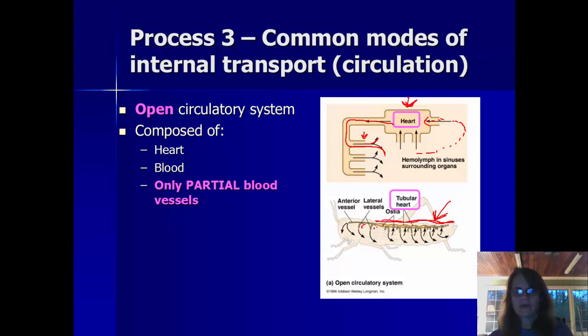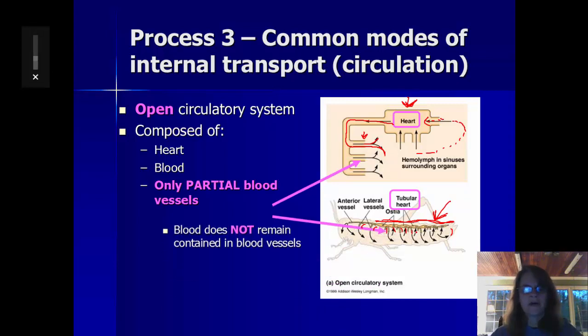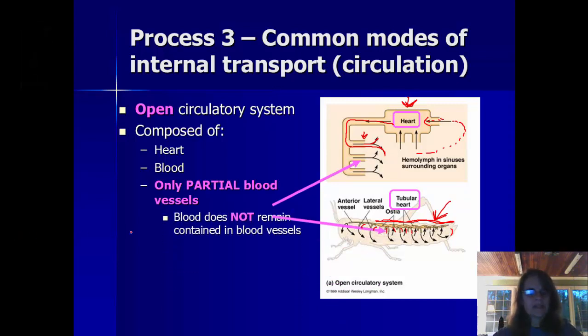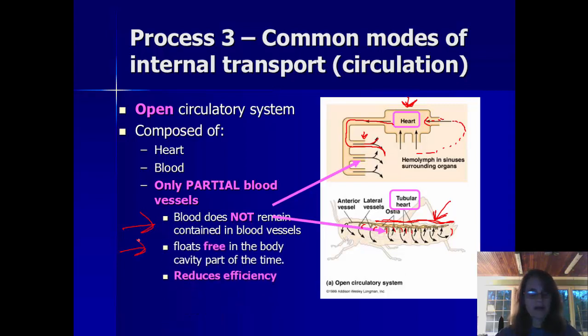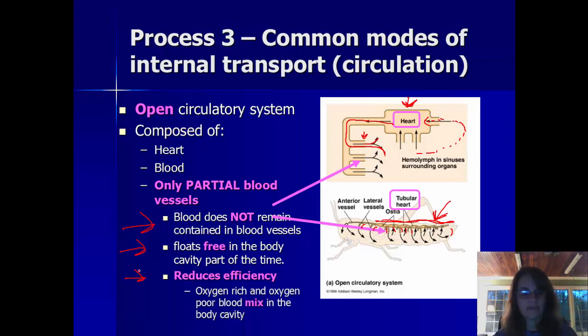And these little short things here are blood vessels, and the blood would just gush out and then come back into the heart eventually somehow, but it's not a directed path. Blood does not remain contained in blood vessels. It floats free in the body cavity at least part of the time. This highly reduces its efficiency. It's not a directed flow. It's kind of meandering, and it's not terribly efficient.